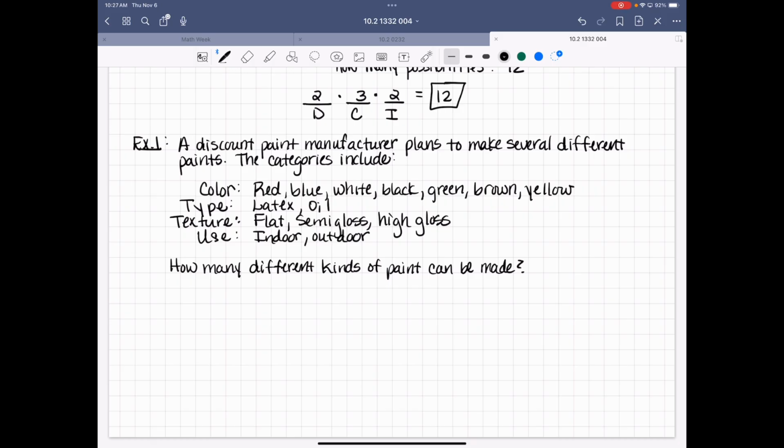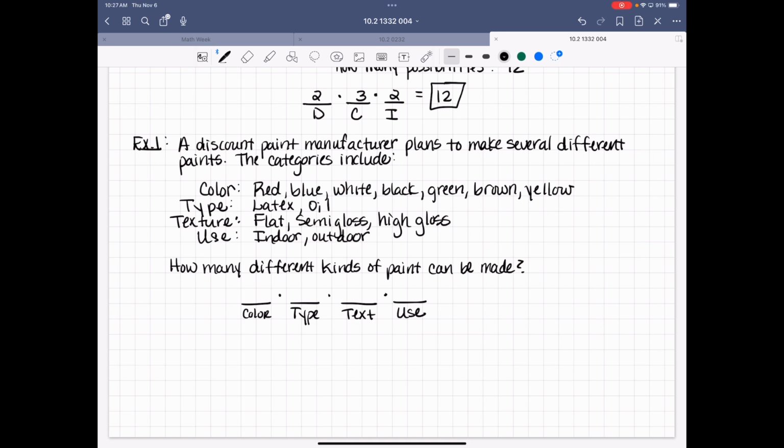All right, so first thing we need to do is make a slot for each of our categories. So I know I've got a color slot, then I've got a type, then I have a texture, and then I have a use. So you've got a category slot for each one.